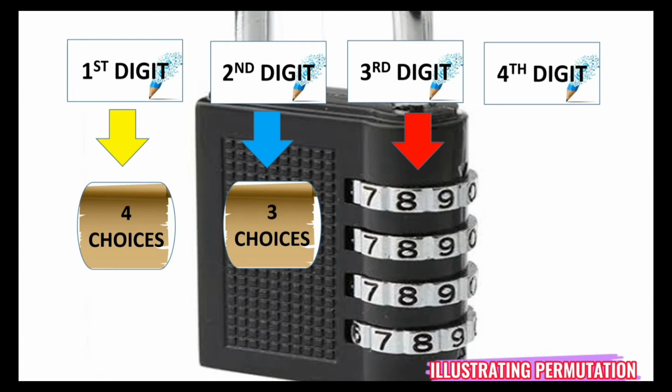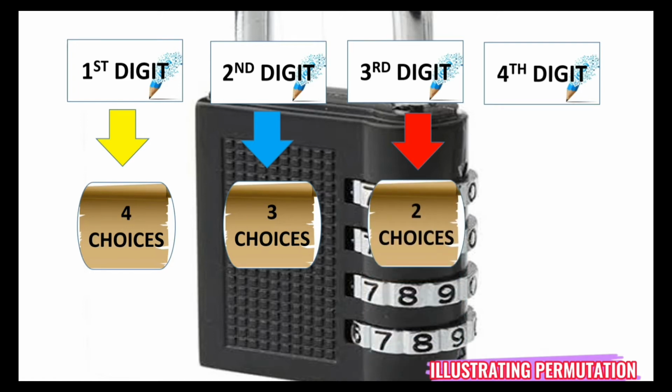And suppose that 3 is placed in the second digit, hence only 2 digits, say 4 and 7, can be placed in the third digit. So how many choices can be placed in the third digit? Yes, there are 2 choices. Let's say 4 is placed in the third digit.